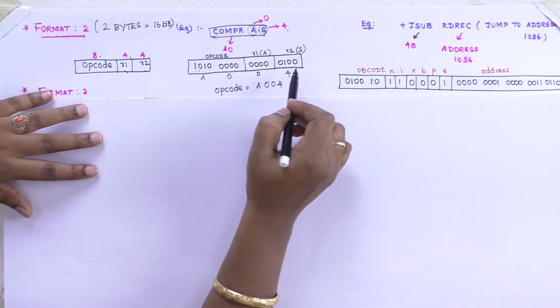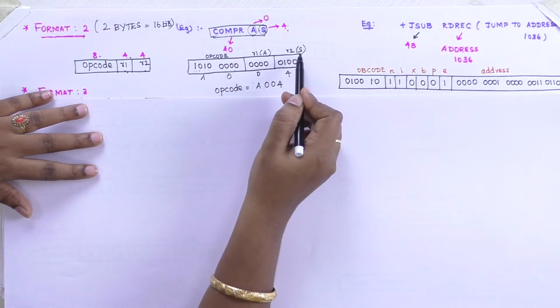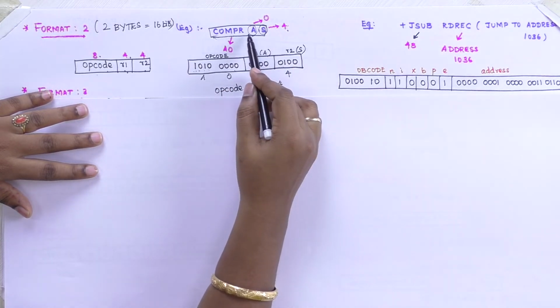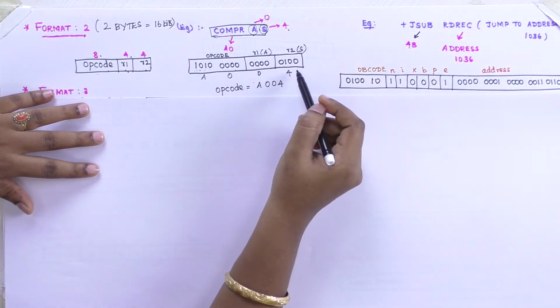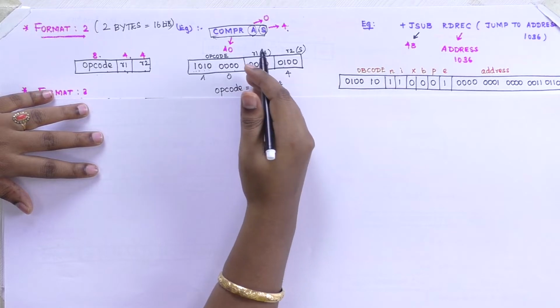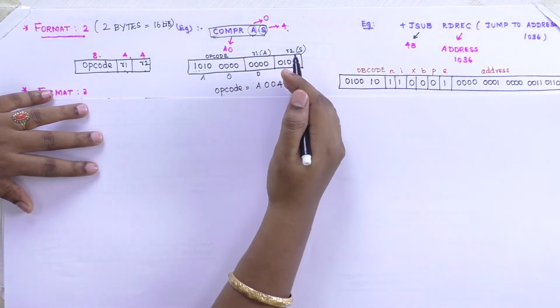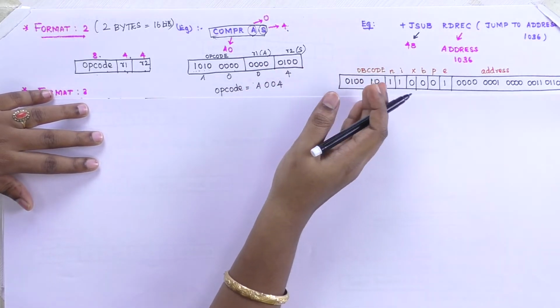So this is the actual opcode of this particular instruction. Since we cannot easily understand the binary representation, in our complete syllabus we will represent the opcode in hexadecimal numbers, just for our understanding purpose.